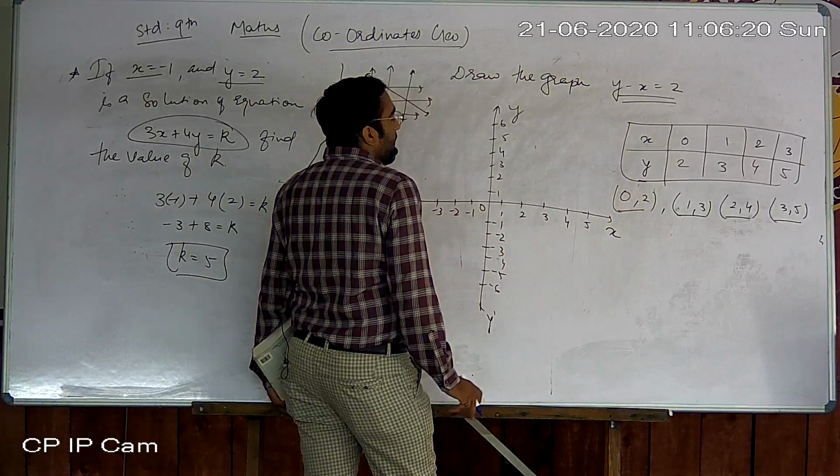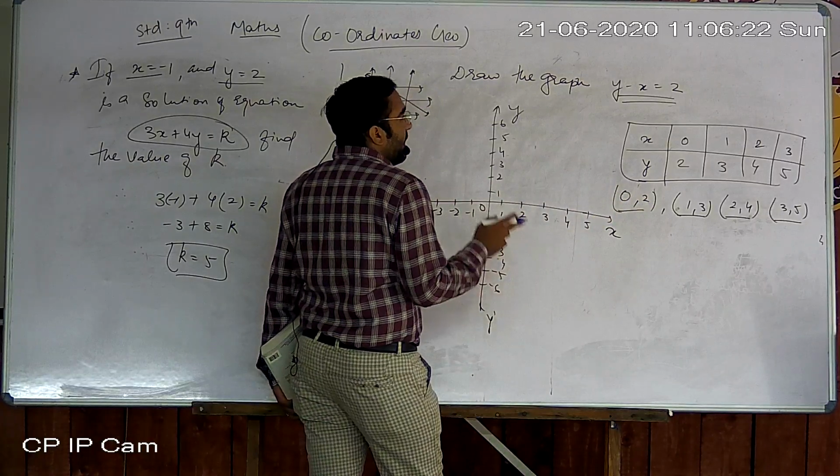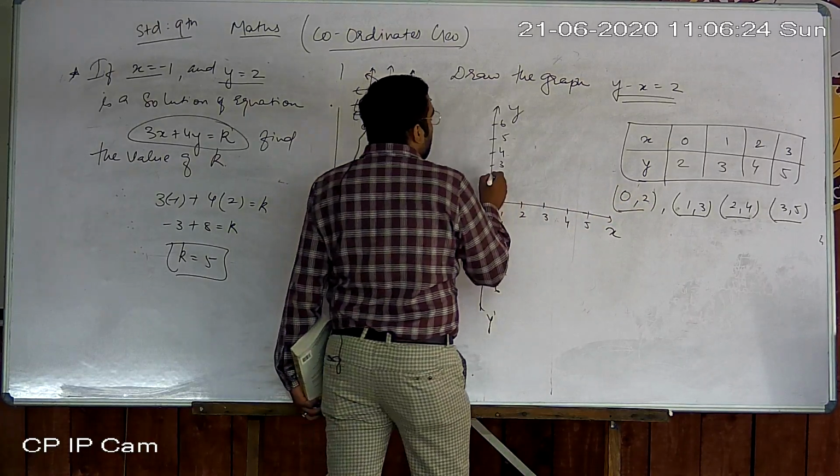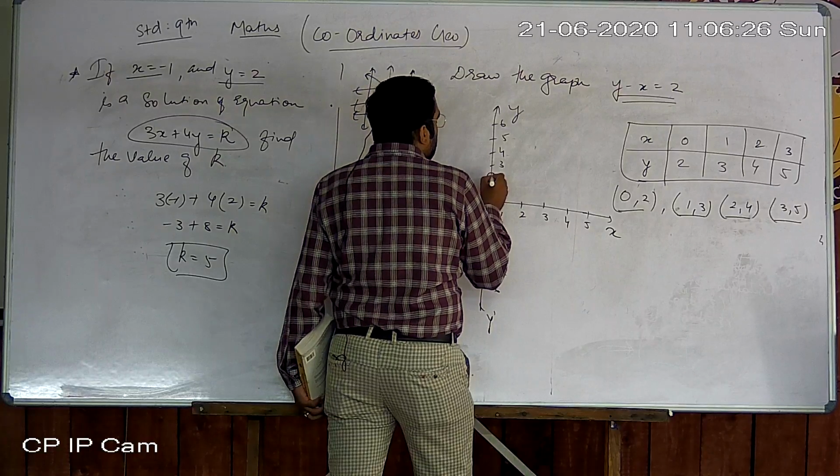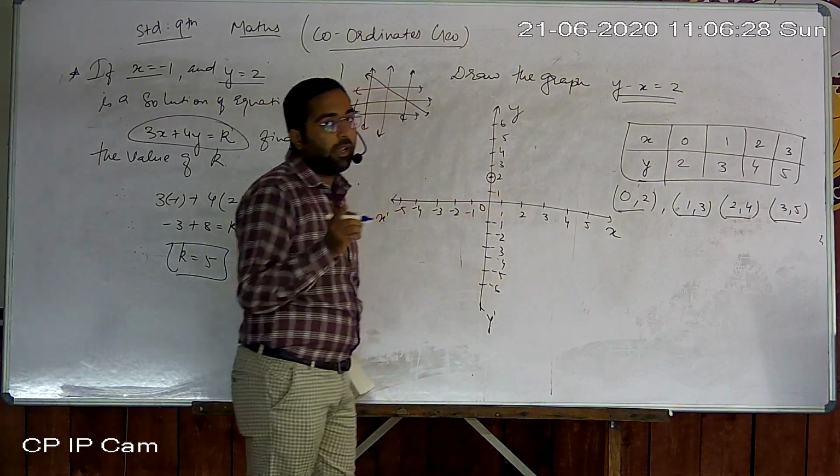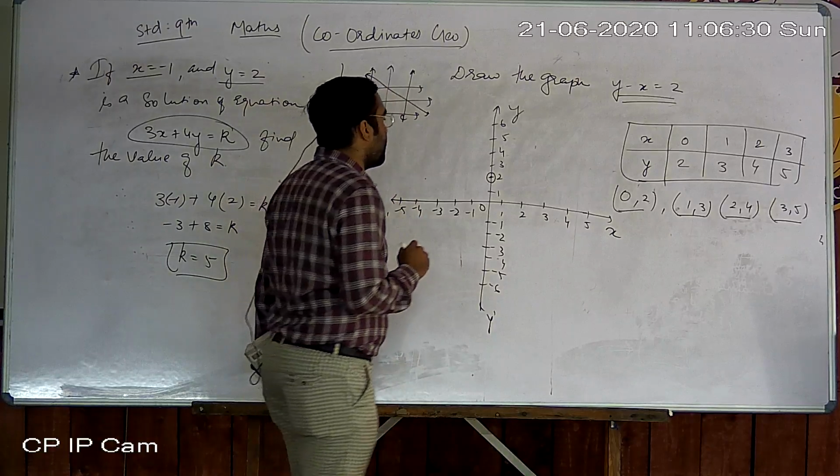Whenever x equal to 0, the point is always located on the y axis, as I told you in the previous lecture.